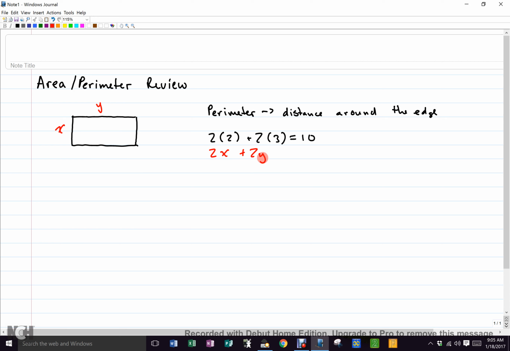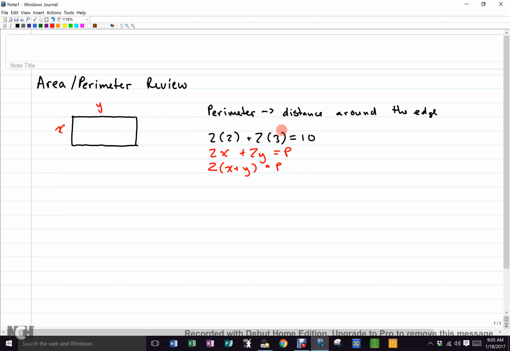Right? And that would equal our perimeter, right? Now, you can see that 2 is in both of them, isn't it? So, couldn't I take the 2 out of there and just do x plus y? If I did x plus y times 2, would I still get the perimeter?